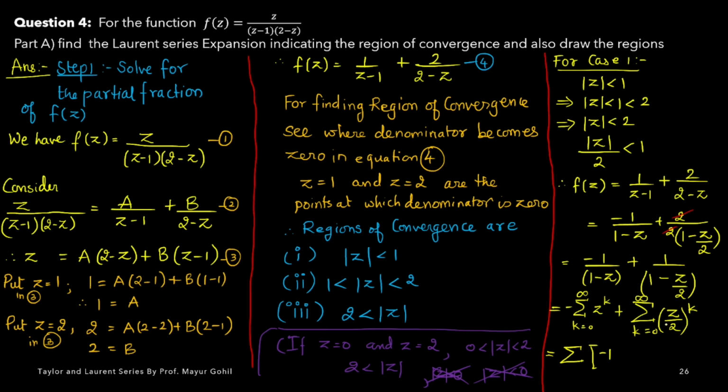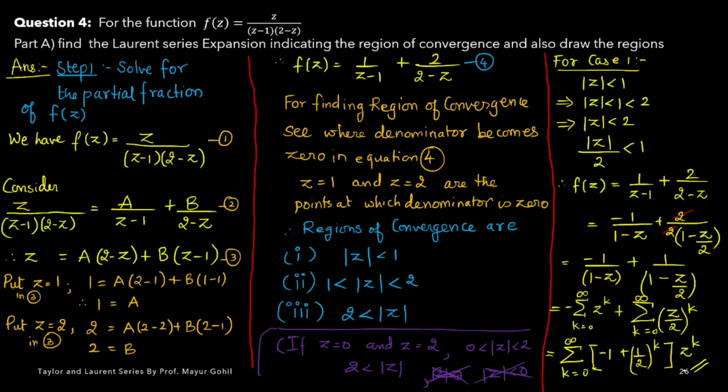And in the second part, what is the coefficient of z to the power k? It is 1 upon 2 whole raised to k. This is the coefficient, okay? And this is z raised to k, and this k is going from 0 to infinity. So this is the output for case number 1, your final answer, okay?